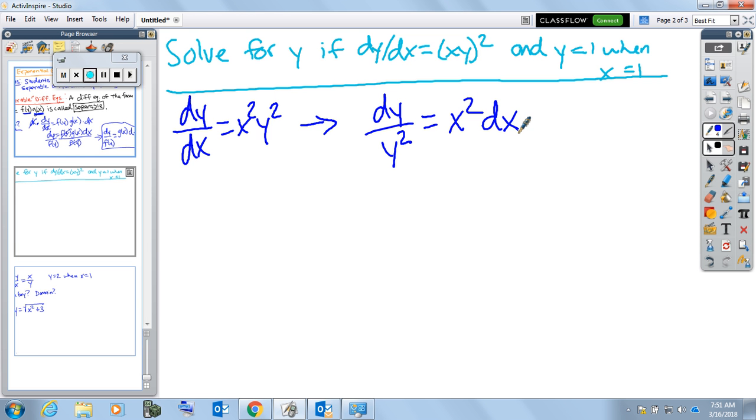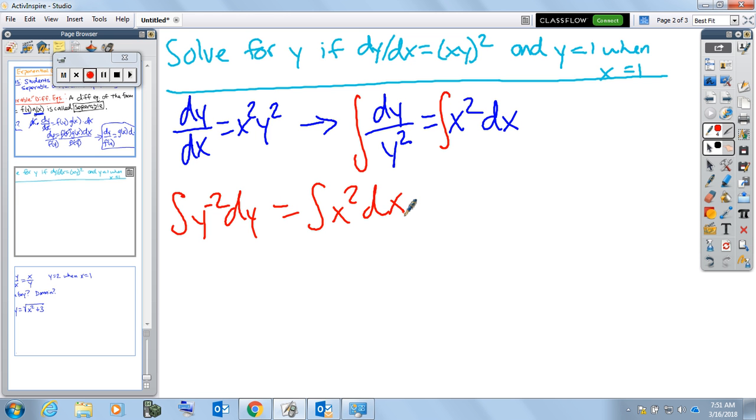By doing this, it allows me to anti-differentiate, or take the integral of the left and the right-hand side, now that the differentials match up with the variables. So let's integrate and find out what the function of y is going to be. If I integrate y to the negative second dy equals the integral of x squared times dx, I'm going to raise the power and divide by the power.